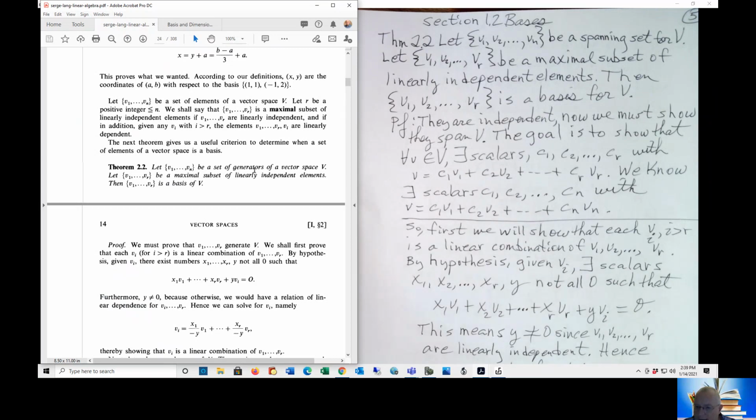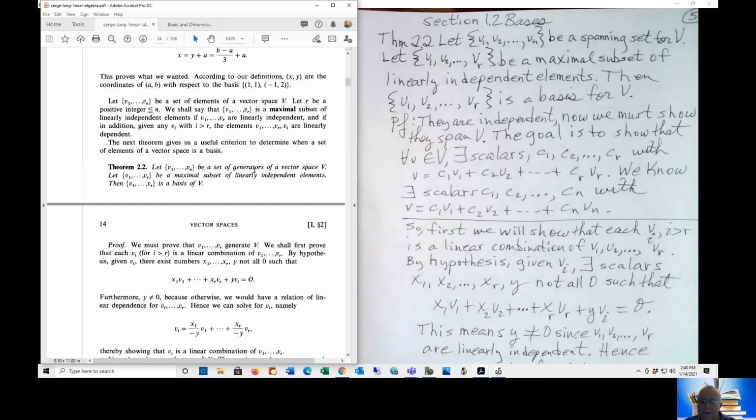Our goal is to show that for any vector v in V, there exist scalars c1 through c sub r with v equal to the linear combination c1 v1 through c sub r v sub r. Now we know by hypothesis that there exist scalars c1 through c sub n with any vector equal to the linear combination c1 v1 all the way through c sub n v sub n.